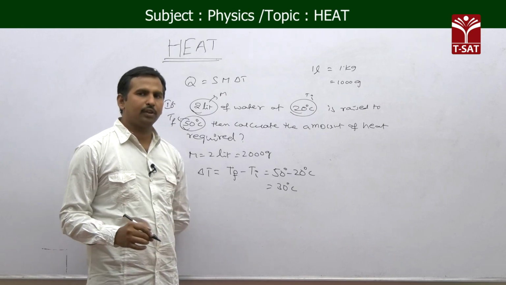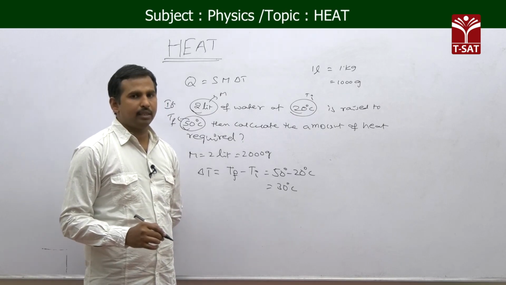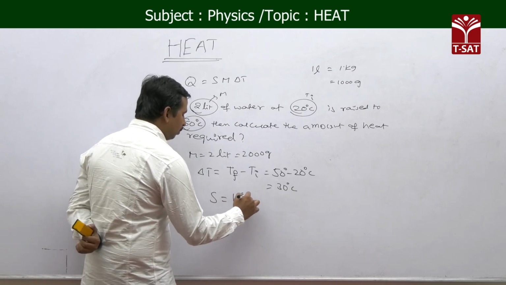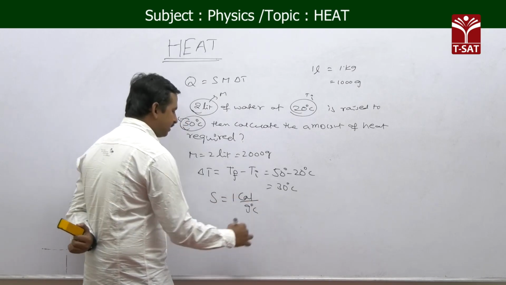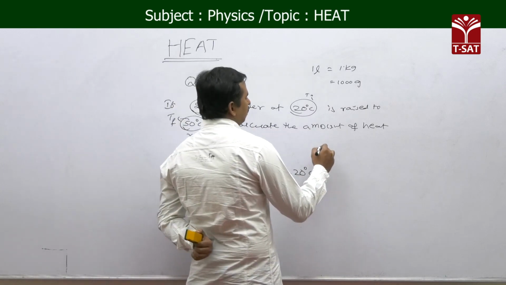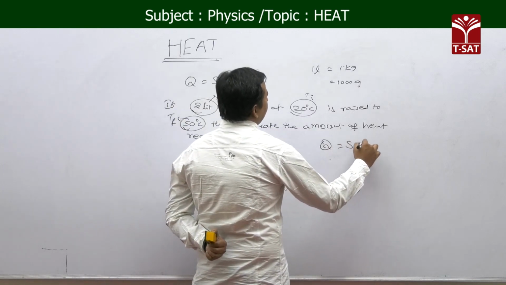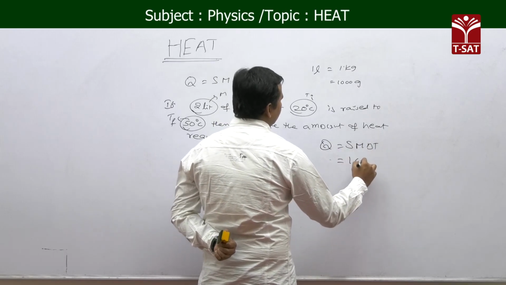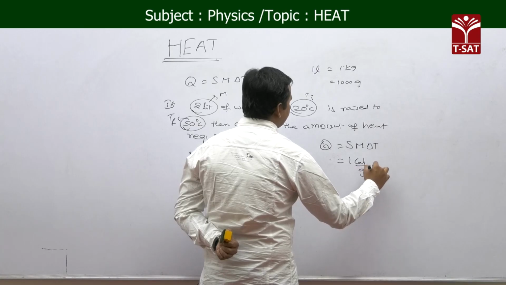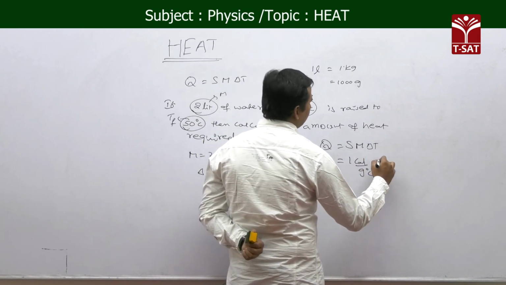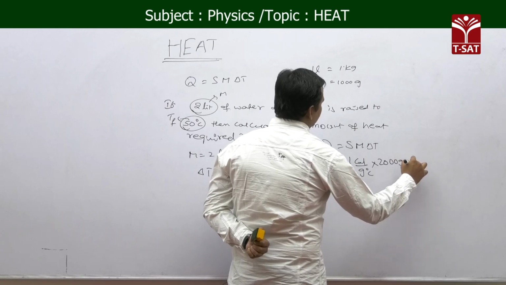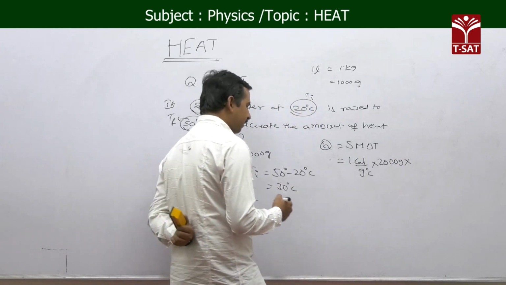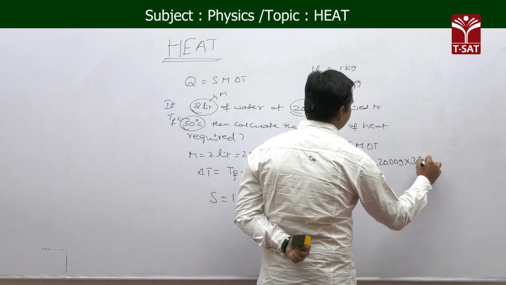Now we have the change of temperature, which is 30 degrees Celsius. We already know that S is equal to 1 calorie per gram degree Celsius, so applying Q = S m delta T: S is 1 calorie per gram degree Celsius, M is given as 2000 grams, and the change of temperature is from 20 to 50, an increase of 30 degrees Celsius.